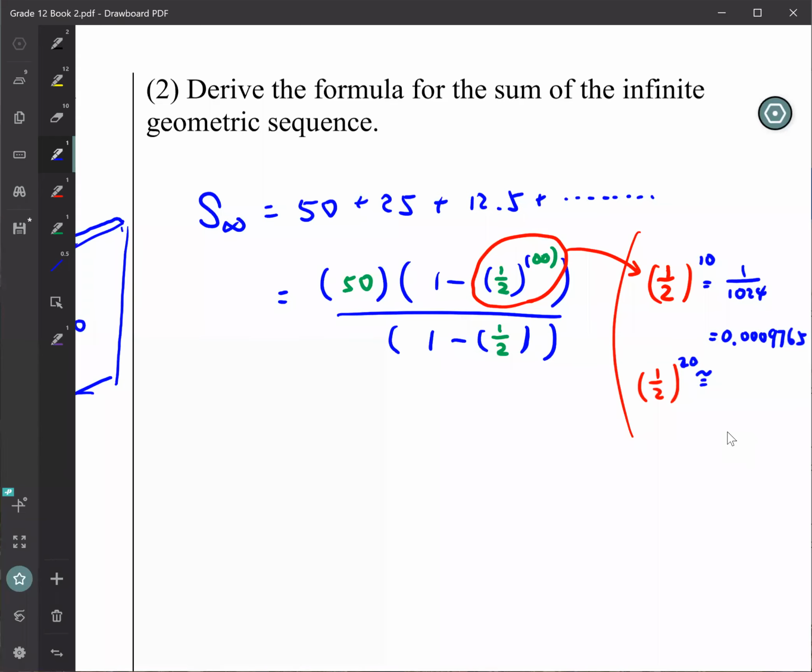You want to try it in the calculator? I already have it typed in. 1/1048576. If you turn that into a decimal, that number is really close to what?